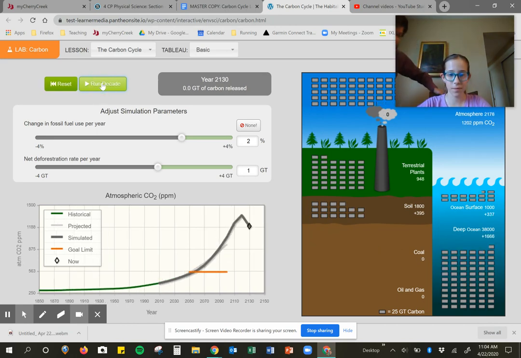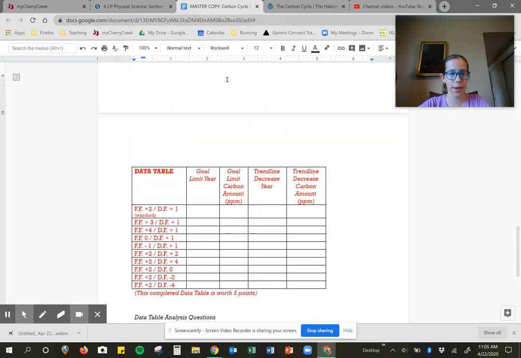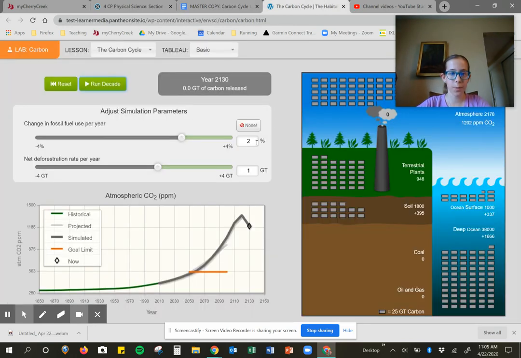Perfect. Continue. The next thing you need to do is find the coordinates for the goal limit year and the goal limit carbon amount. So we have it between 2050 and 550. Hold on, Chloe.